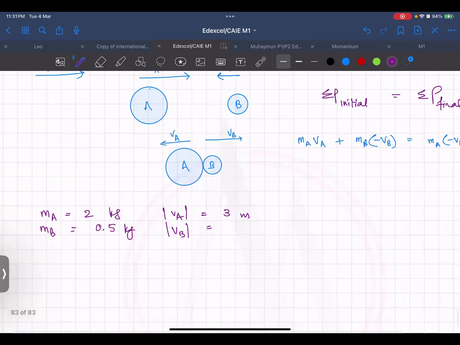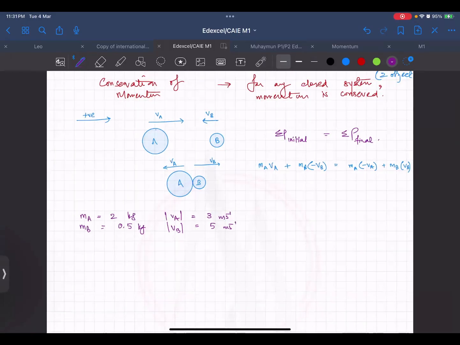Velocity of B initially is, let's suppose, 5 meters per second, and velocity of A after collision is, let's suppose, 2 meters per second. They would ask you to find the velocity of B after collision.